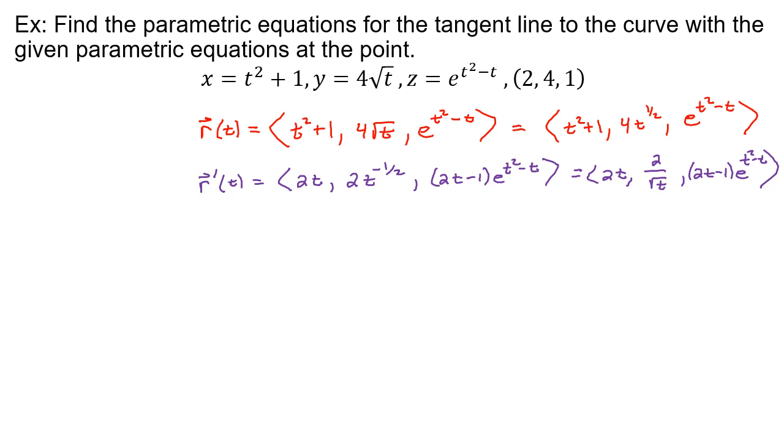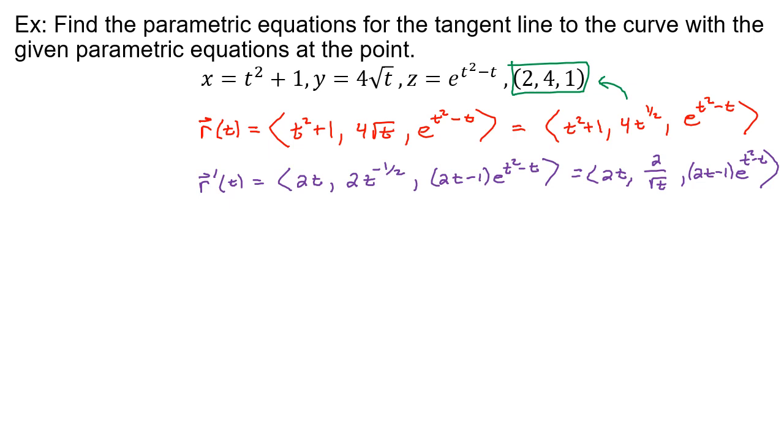So then I want to figure out what I should plug into t at this point. Well, I'd have to figure out what t value I used to get this point up here. I have to figure out what t value would work to get me those numbers. Well, for instance, t squared plus 1 is the first term of the r.